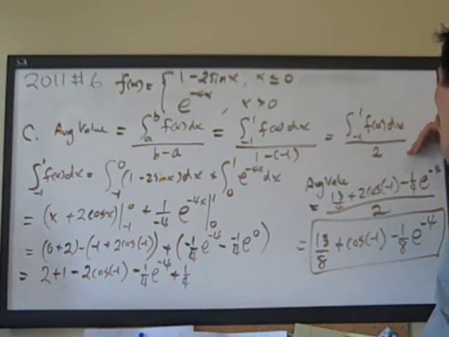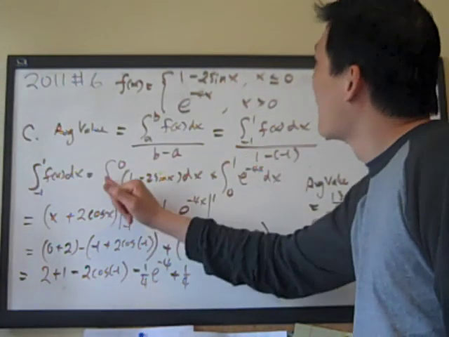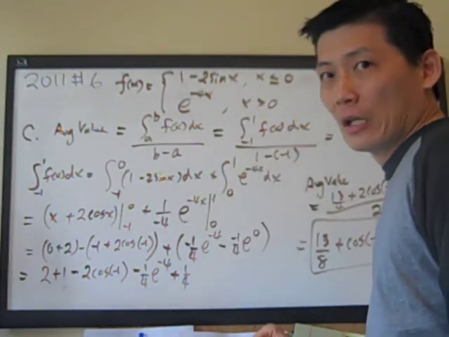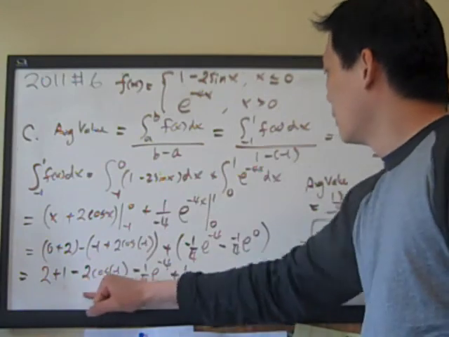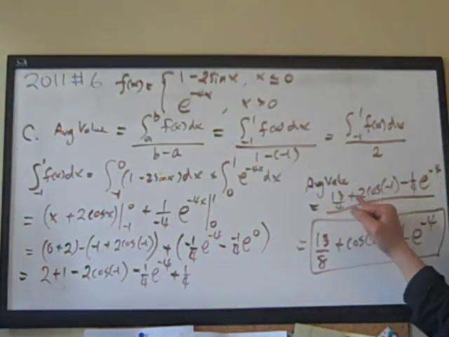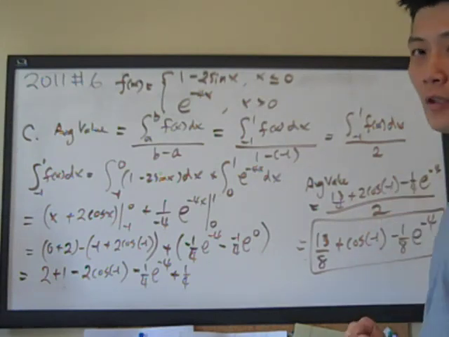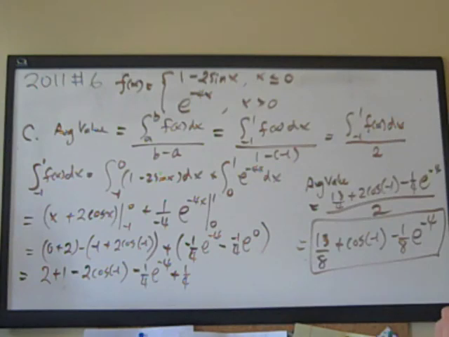Then you ask yourself, what is the integral? And you can build this piece by looking at two different parts of this function. You take the definite integral, divide the answer by 2, and you end up with your answer. Okay?